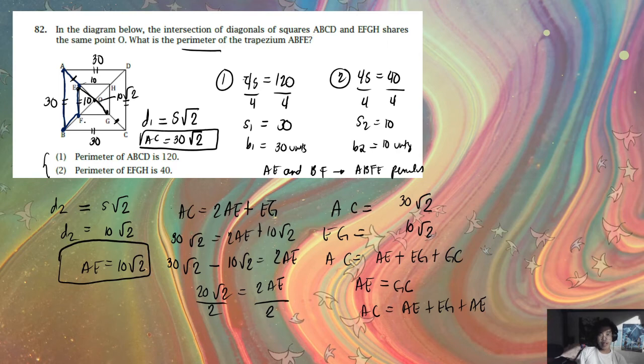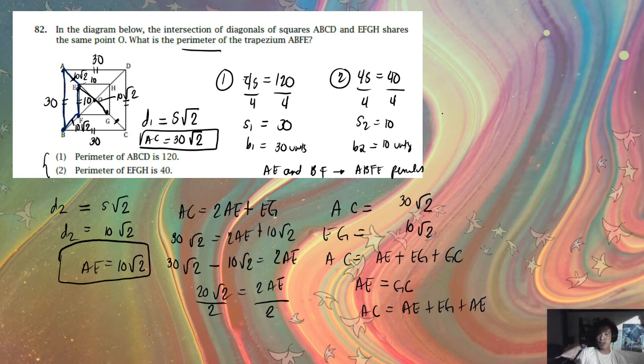So that means the measurement of this side over here is 10 square root of 2. Now if that's 10 square root of 2, most likely this is also 10 square root of 2, since the inner square is at the center of the bigger square.